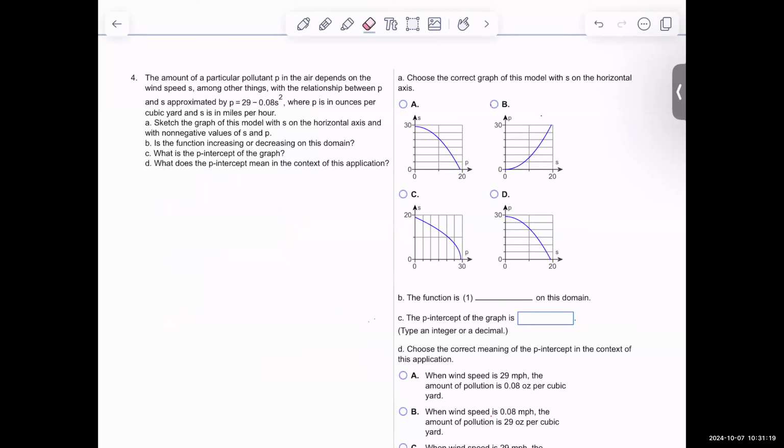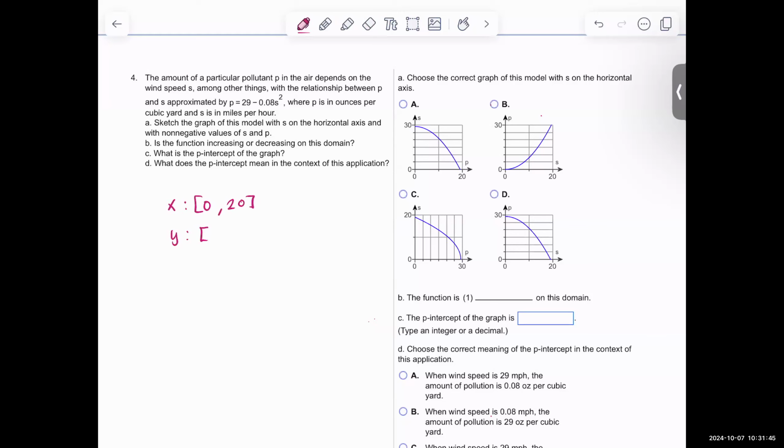So it looks like we're going to be doing a scale. All of these, except C, have a scale in the X direction from what, 0 to 20? So that's where I'm going to start. In the Y direction, what are we doing? From 0 to 30?